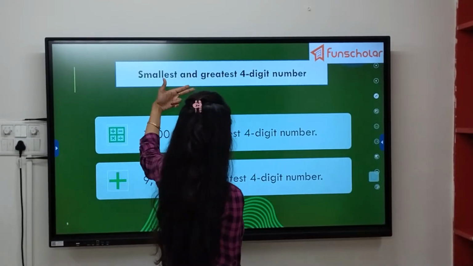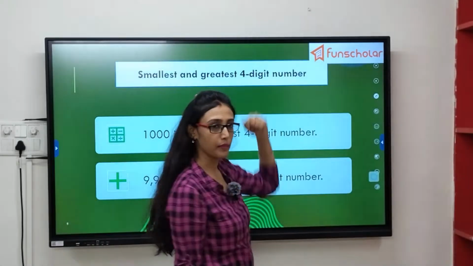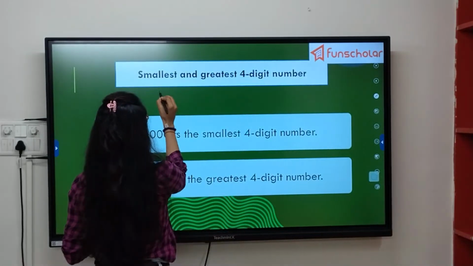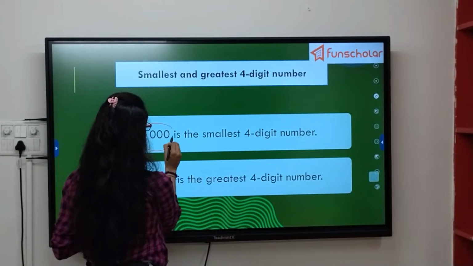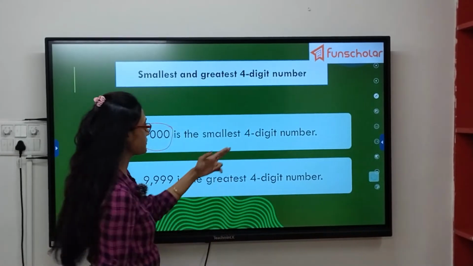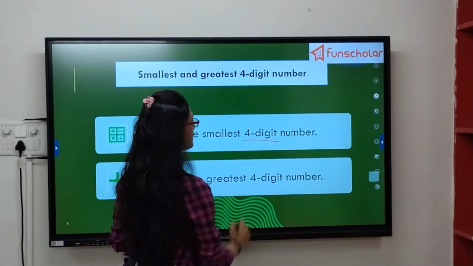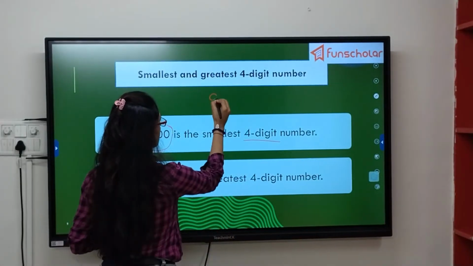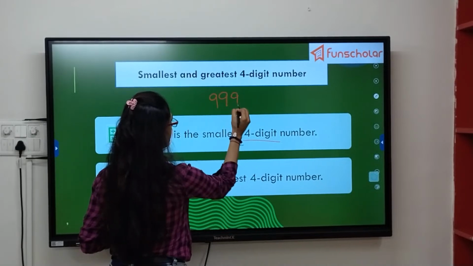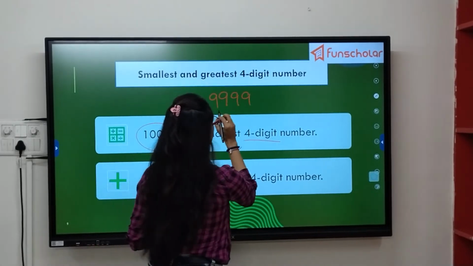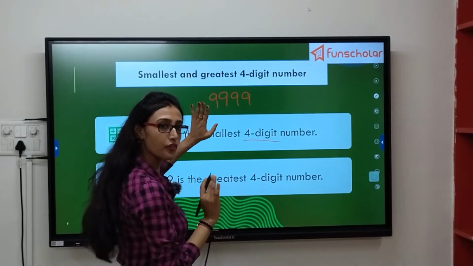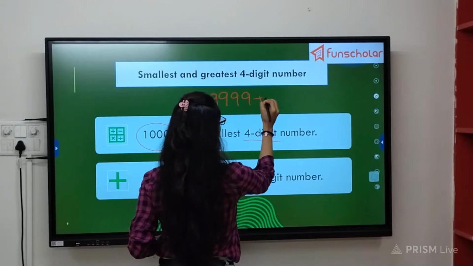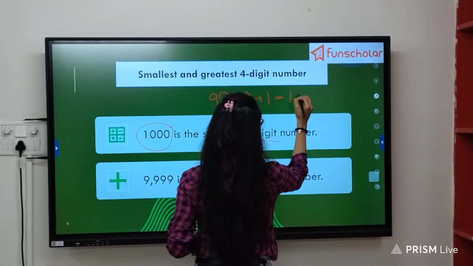Okay, now smallest and greatest 4-digit number. Smallest number, just now I have told you, what will it be? 1000 is the smallest 4-digit number. And what will be the largest? You just need to write 9999. See? 4 digits, and 9 is the greatest. If you add 1 to it, what will be?